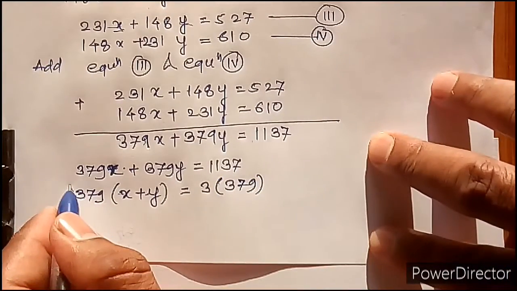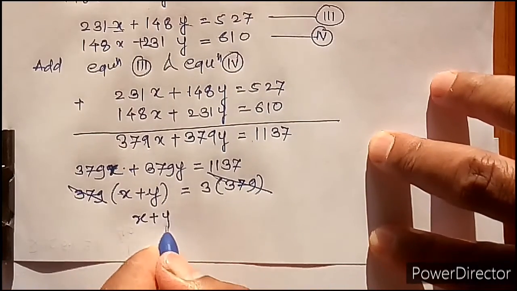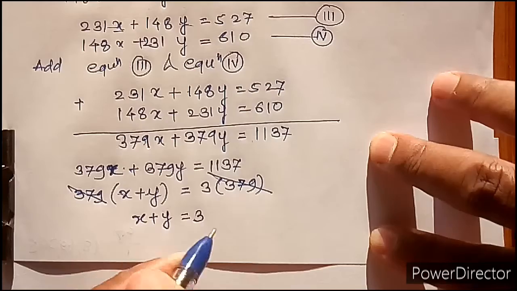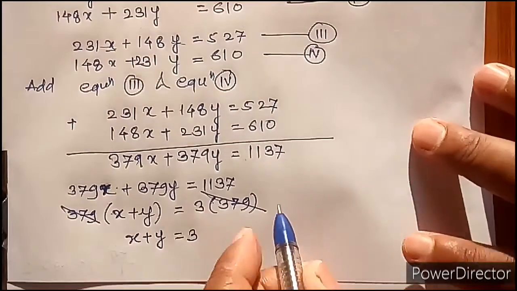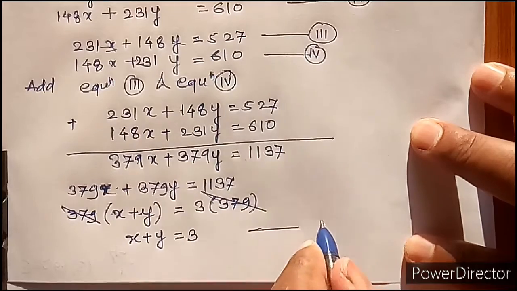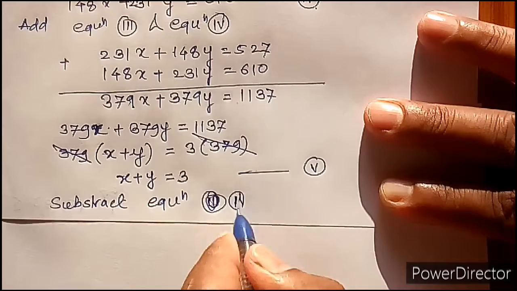Now this 379 will be cancelled with 379, we get x plus y equals 3. This is our equation number 5.